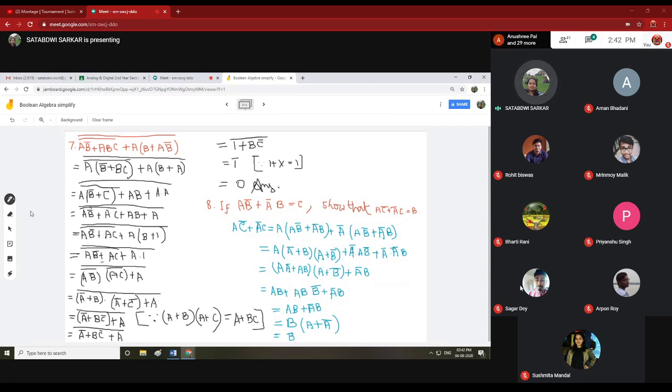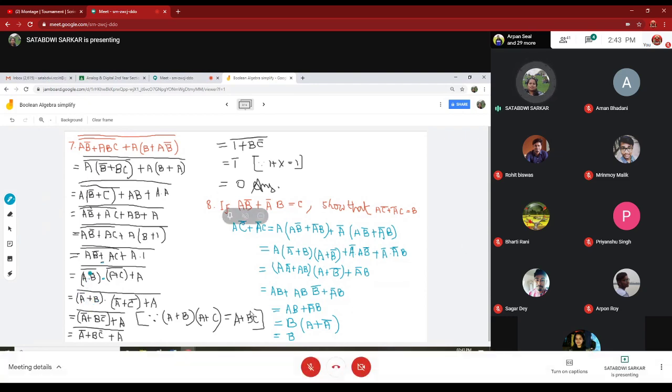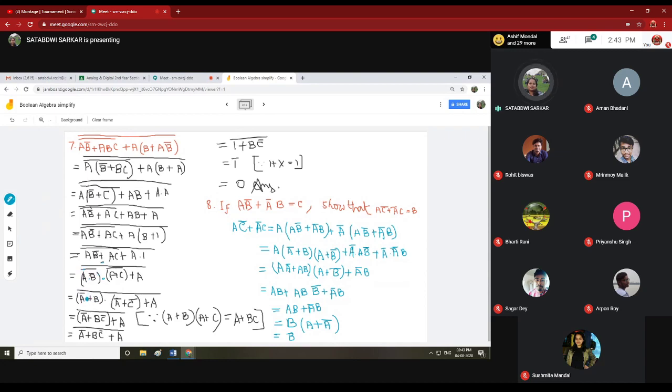There was plus symbol, but now here the multiplication symbol is there, and here a c bar plus a. In this way, this is a bar plus b. Actually here was multiplication symbol, now we are complementing this, so it is a bar plus b dot a bar plus c bar plus a.